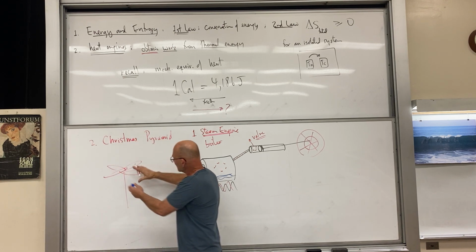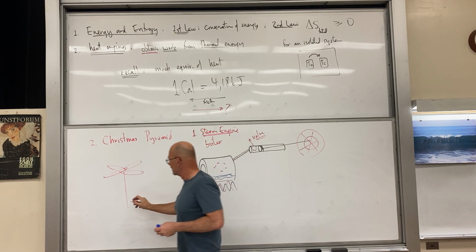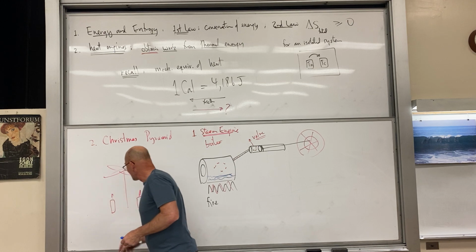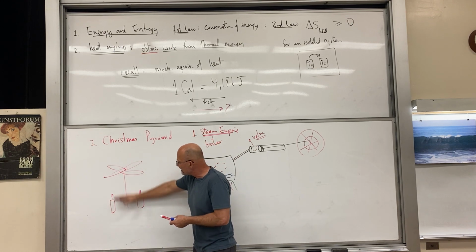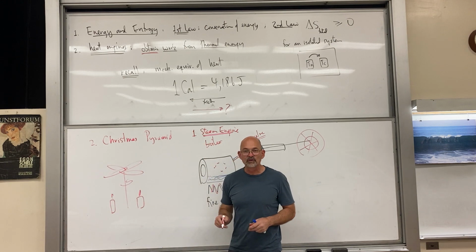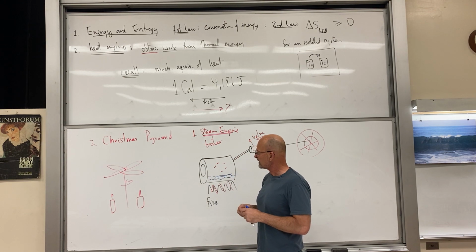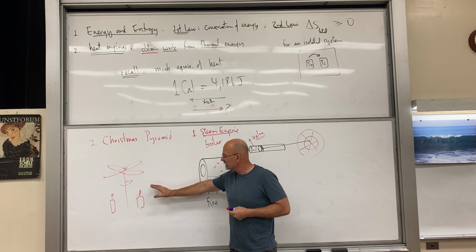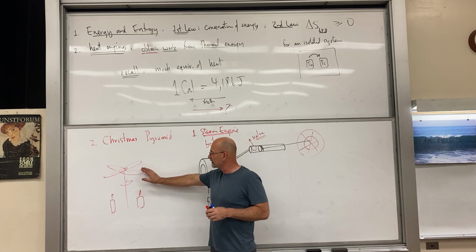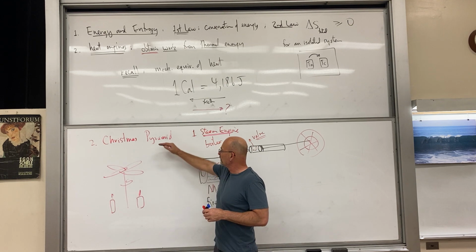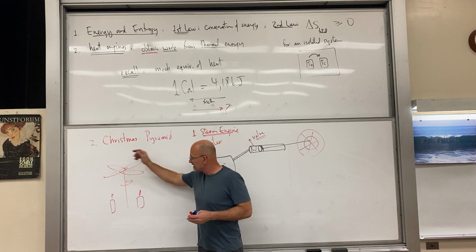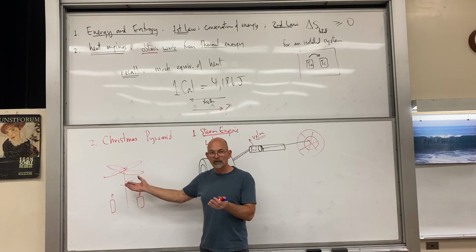You've got a turbine here, you have candles, and the hot air rising from the candles drives the turbine and actually does useful work as well. I actually own one of these, but I don't have it here right now. But it makes a nice demonstration as well. So you've got the Christmas pyramid. That's one type of heat engine because the hot air rising spins the turbine to do useful work.